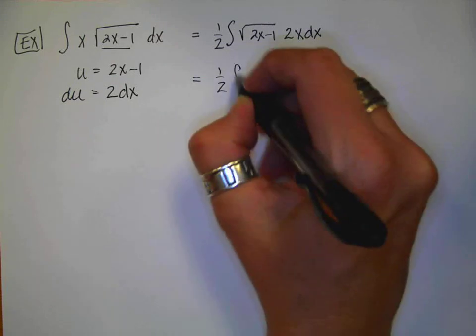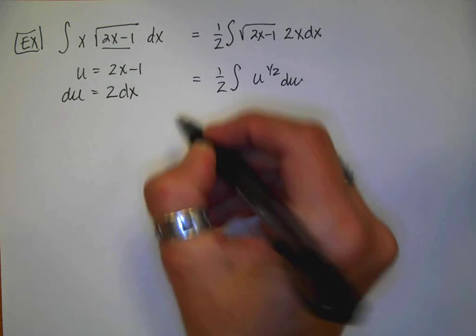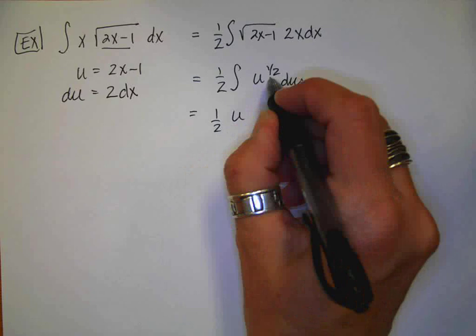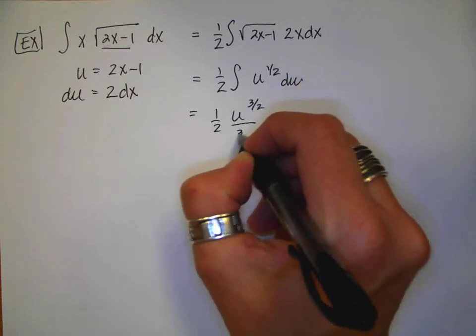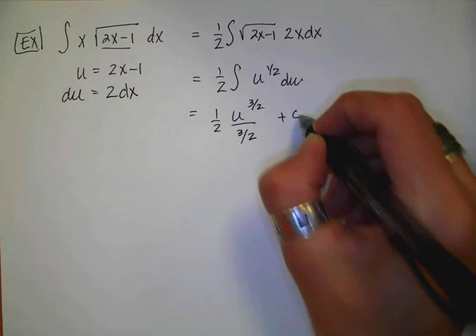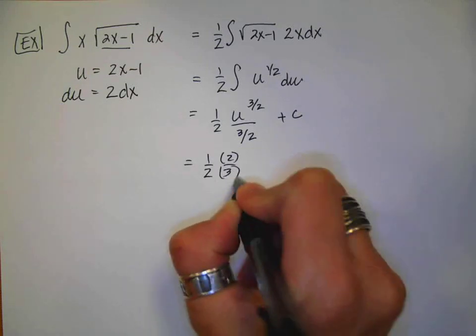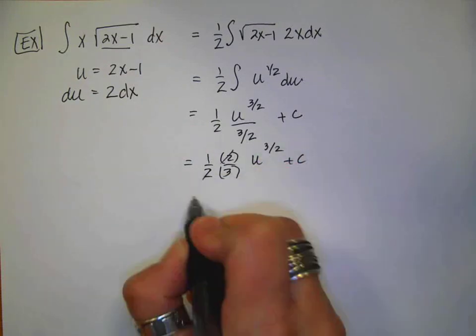If I rewrite this, this is 1/2 times the integral of u to the 1/2 du. If I integrate, here's the half, and then I have u to the 1/2 plus 2/2, which is 3/2, divided by 3/2, plus c. So I get 1/2 times 2/3 u to the 3/2 plus c.